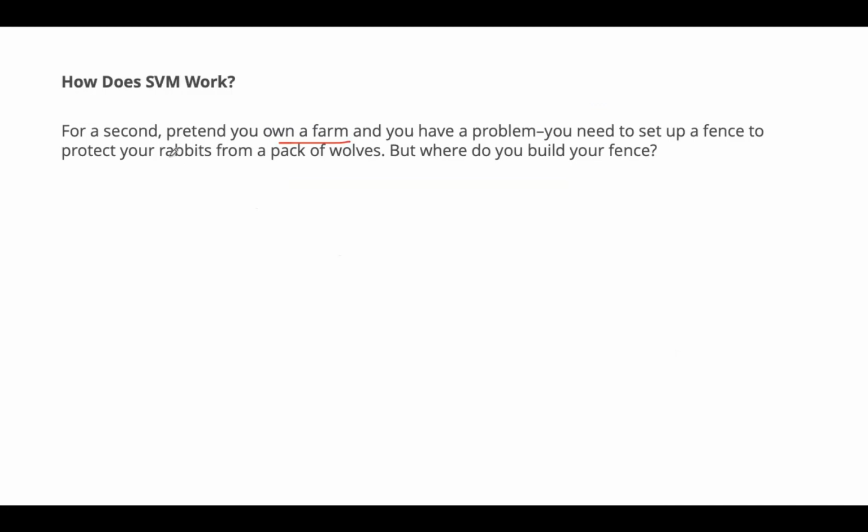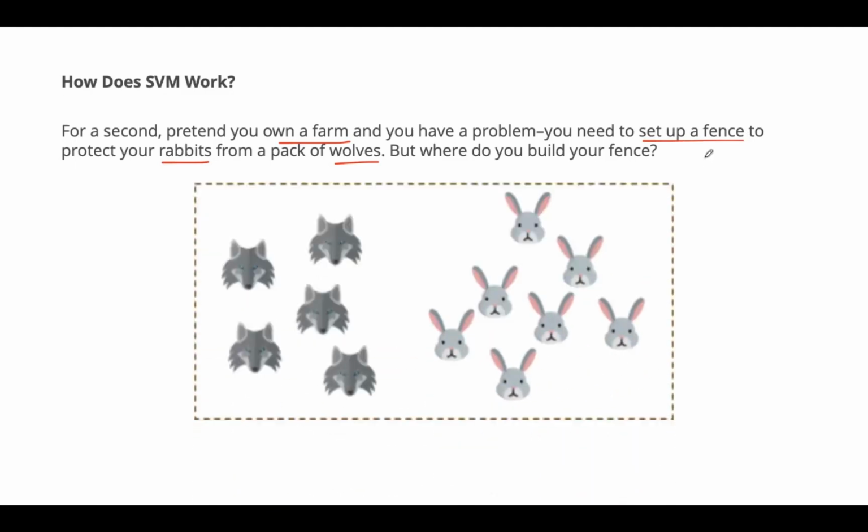So where do you build your fence? One way to get around the problem is to build a classifier based on the position of the rabbits and wolves in your pasture.